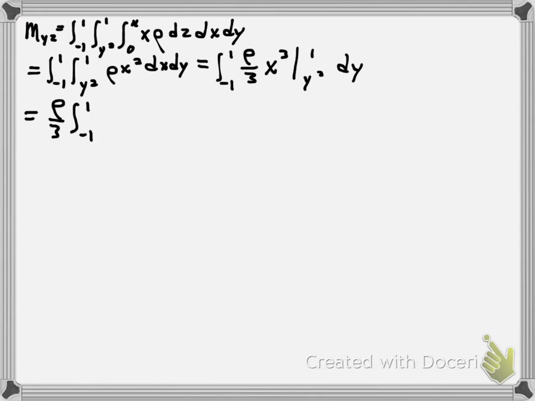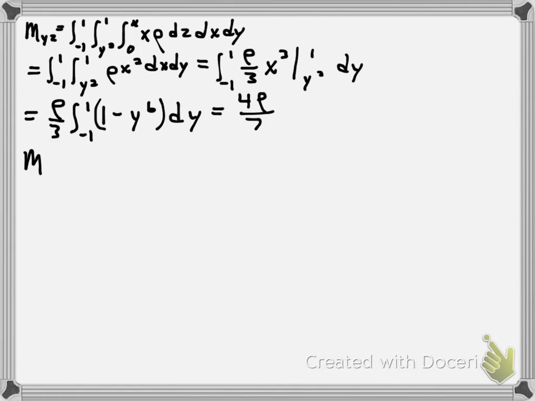We plug in 1, we get a 1. 1 cubed is 1, and then minus y squared cubed is y to the 6th power dy. And I will ask for you to check that this value is 4 rho over 7.